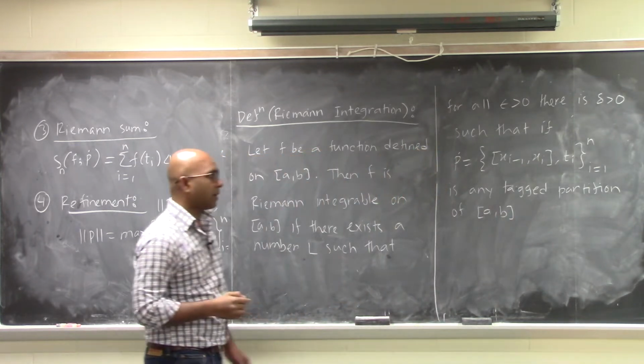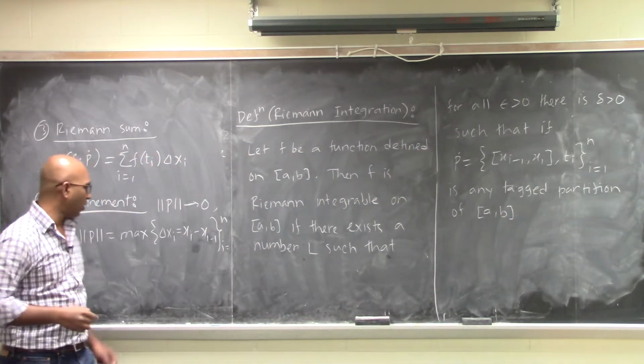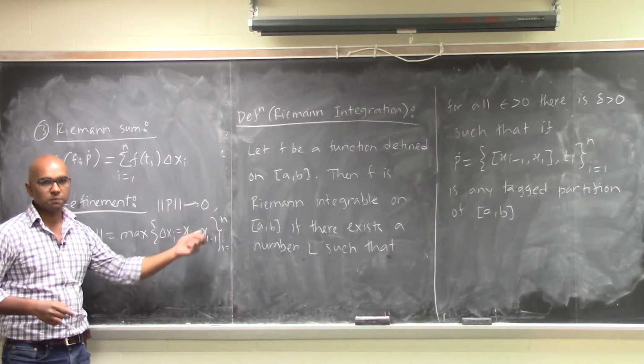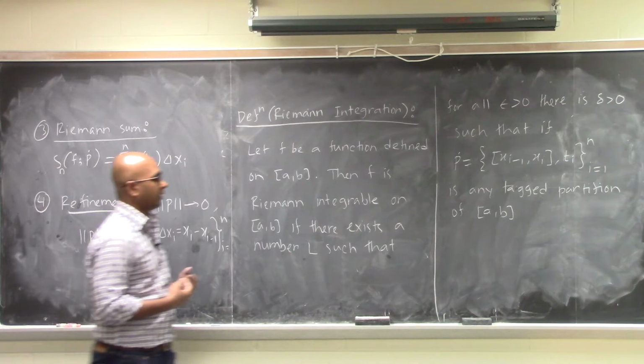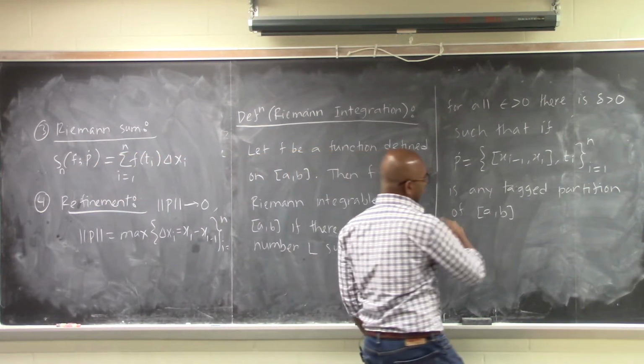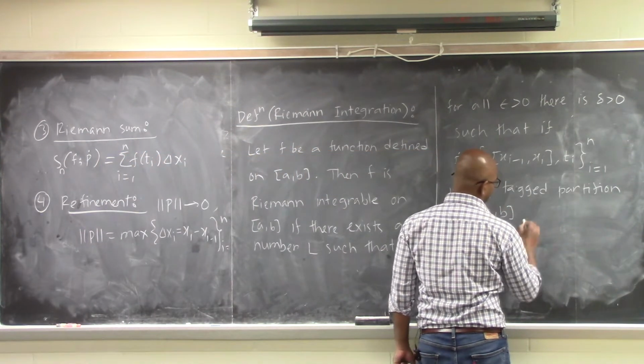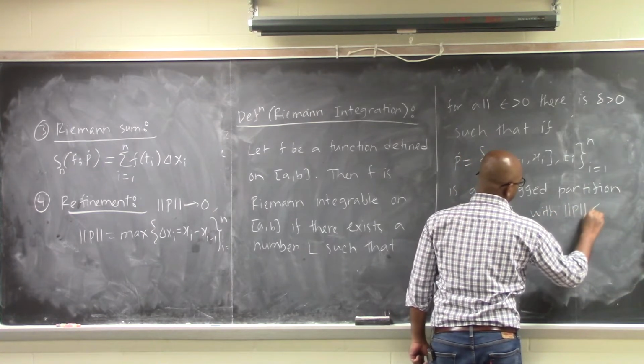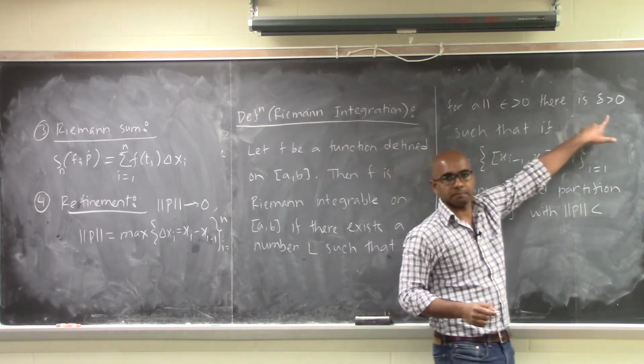Now not all tagged partitions will be considered here. Notice the norm actually should be very small, right? Norm has to go to 0. So that thing should come up here. Any tagged partition of [a, b] with its norm less than that delta.